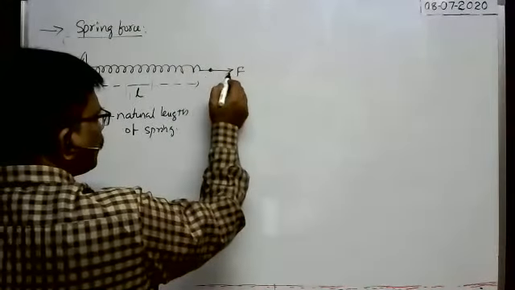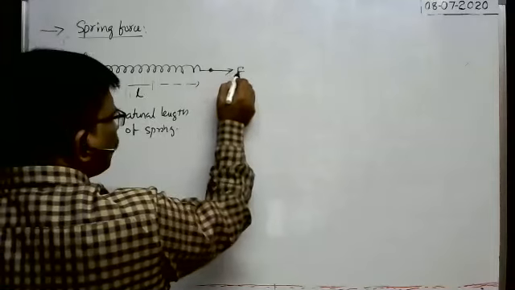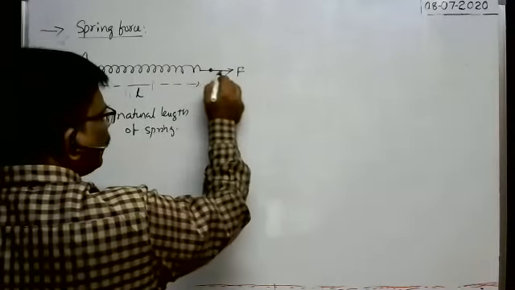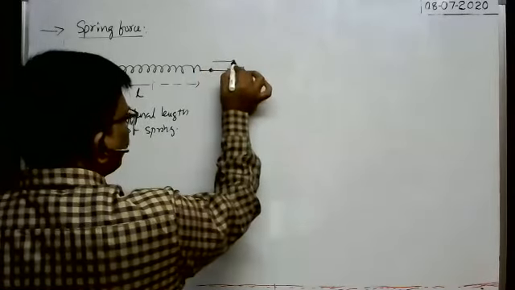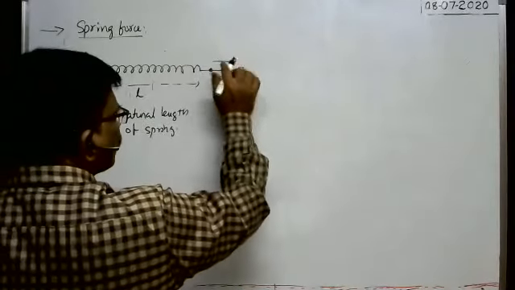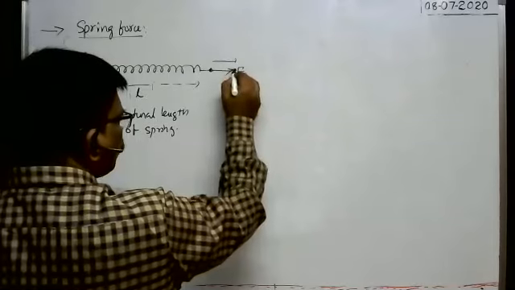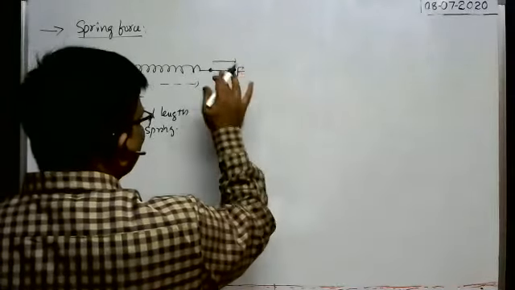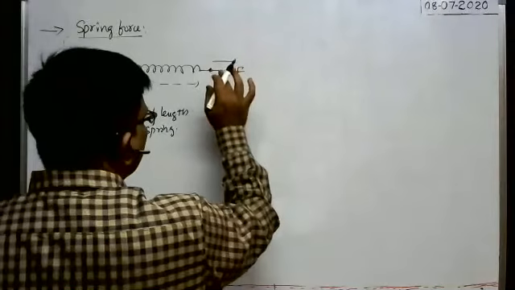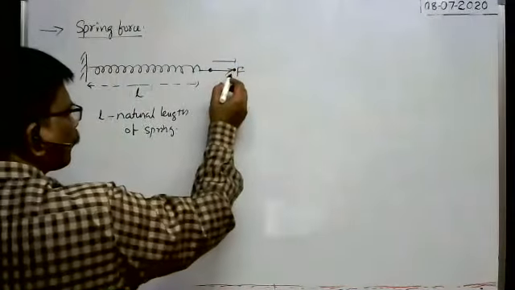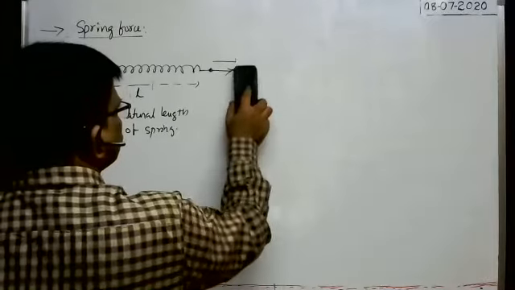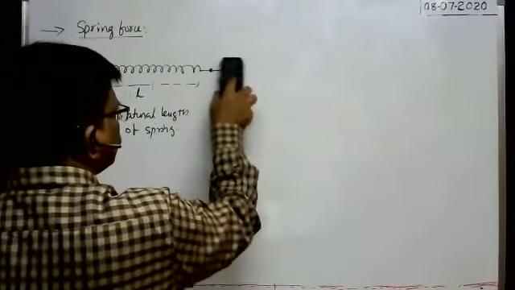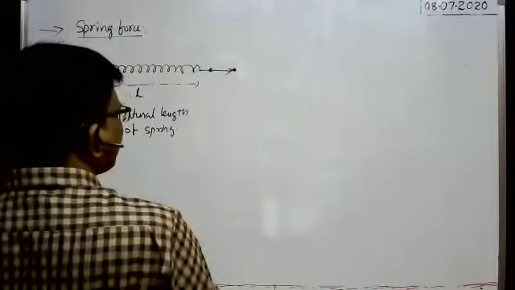Because of this, whenever you pull this end of the spring in this direction, the end gradually moves in this direction so that the spring extends. Suppose the spring extends up to this point and there is no further extension. At this position, the spring is under equilibrium.